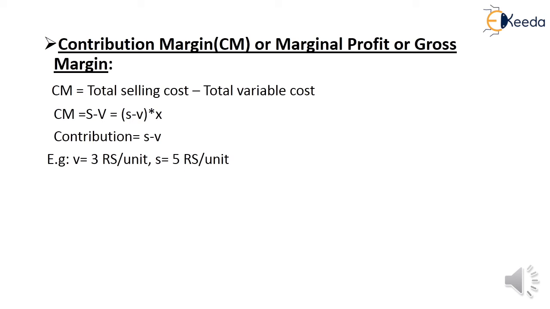What is contribution margin? Contribution margin is also known as marginal profit or gross margin. Contribution margin is written as total selling cost minus total variable cost. Here the total selling cost is in rupees and the total variable cost is in rupees.